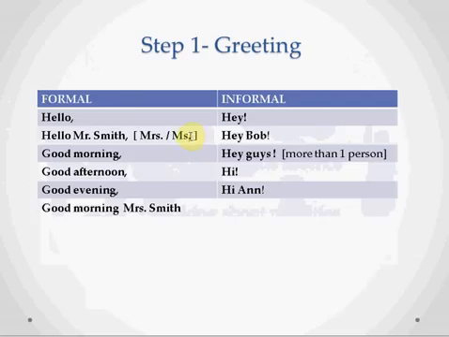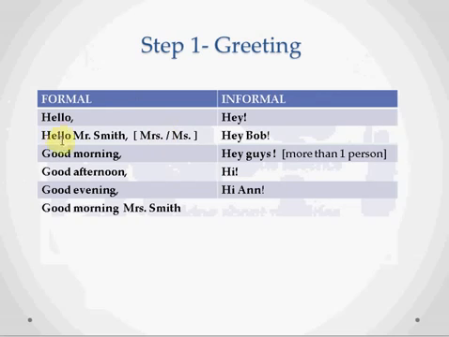If the person is not really young, we can say Ms. When we say Mrs., it's because we know that we are talking to a woman that is married. A Miss is not a married woman, she's a single woman, whereas Mrs. is a woman that is married.